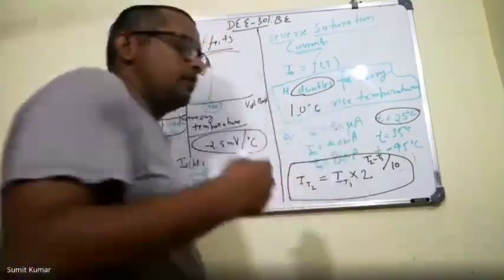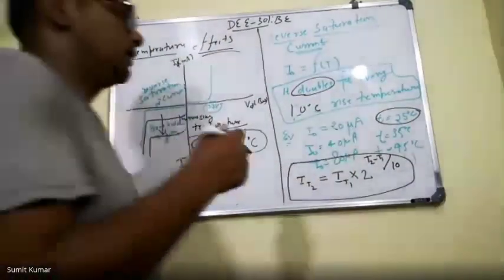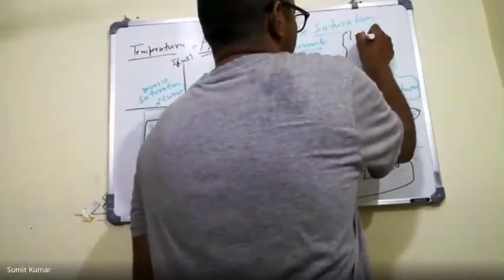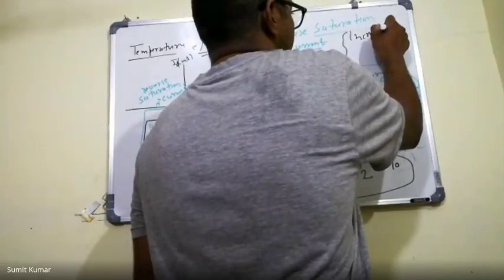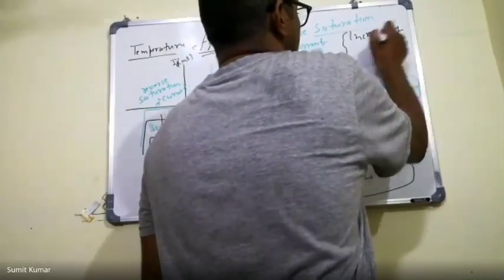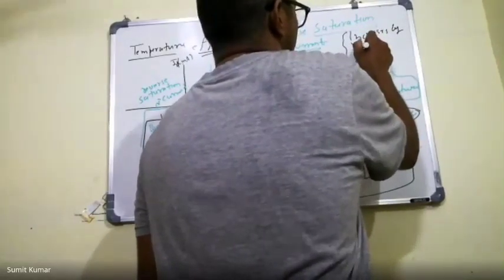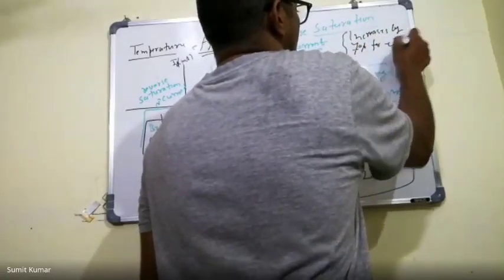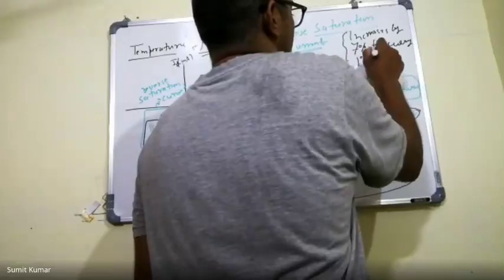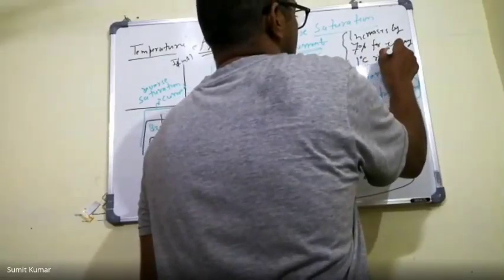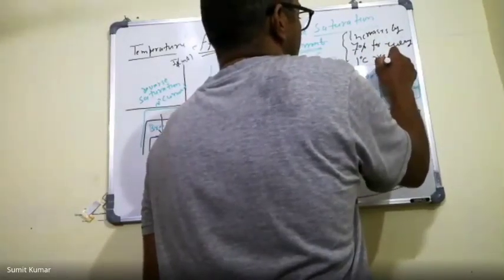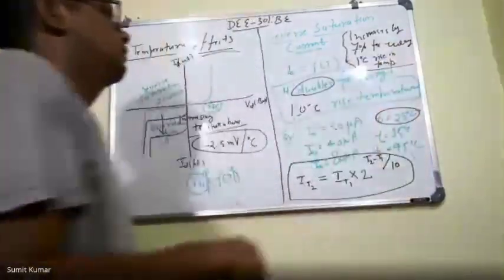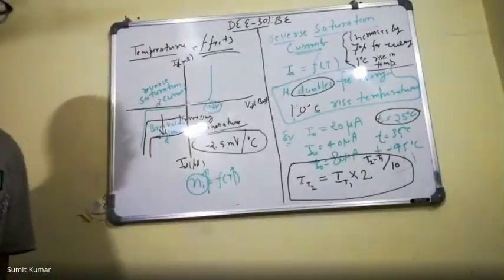One more mathematical way of expressing this statement is that the current increases by 7% for every 1 degree Celsius rise in temperature. So both statements are equivalent mathematically.